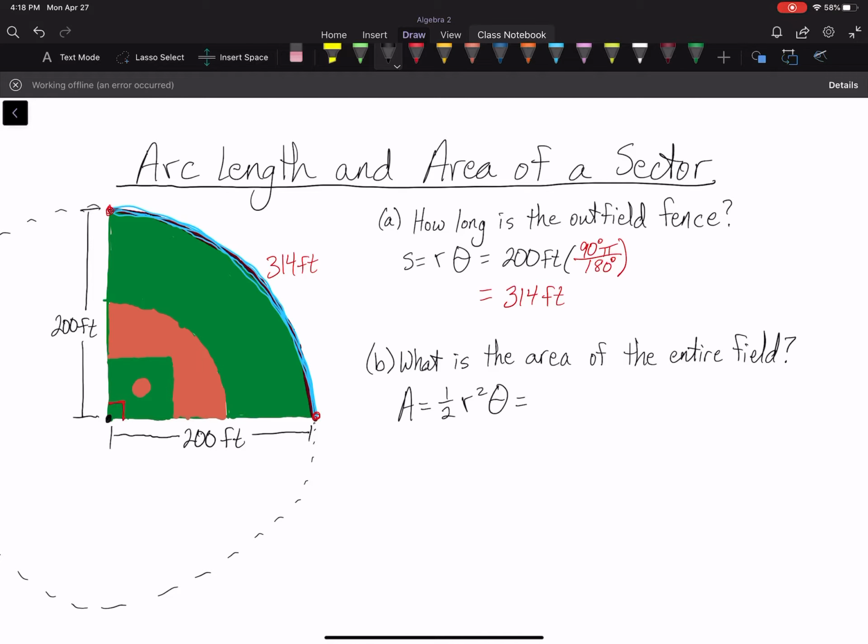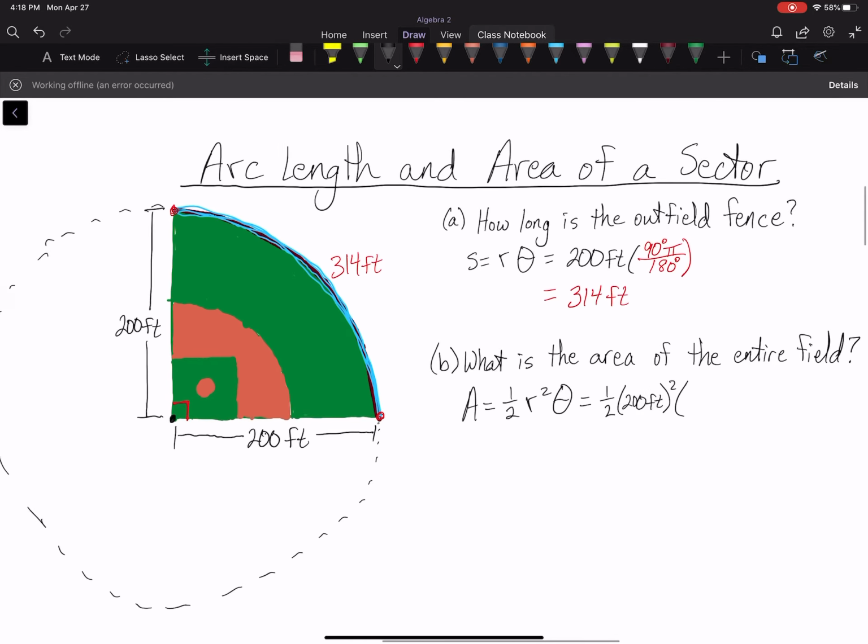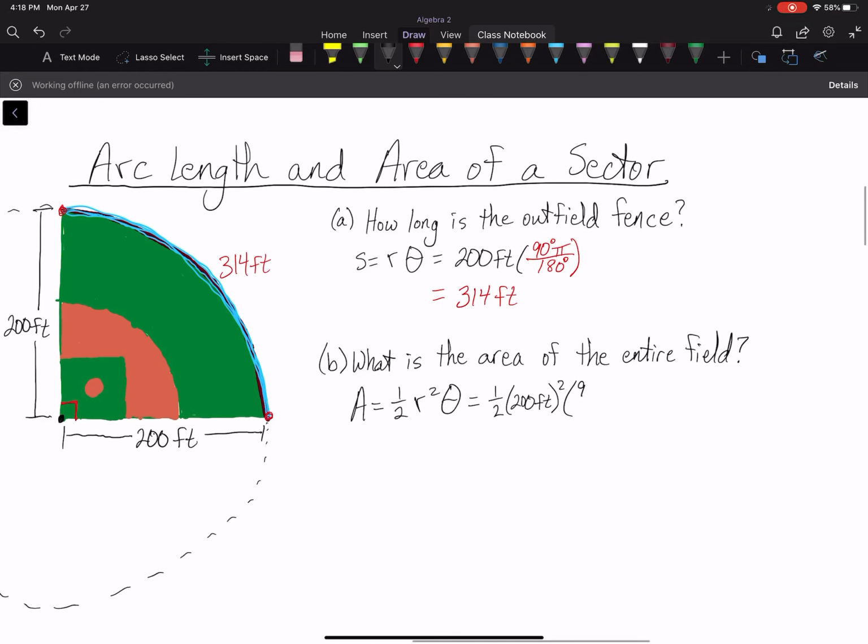So we're going to say 1/2 times r, again, 200 feet. This time it's squared, times our theta, which again will be 90 degrees, but we're going to change it to radians by saying pi over 180 with it. And from there, you just put that in your calculator, and you should get 31,416.